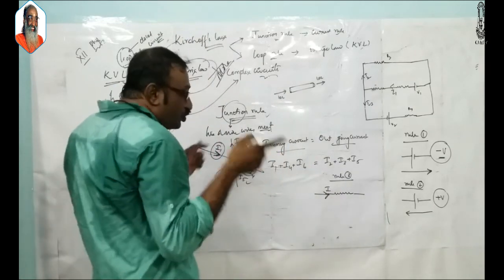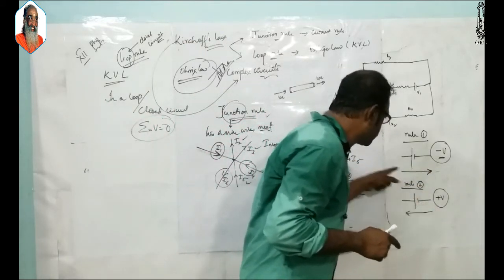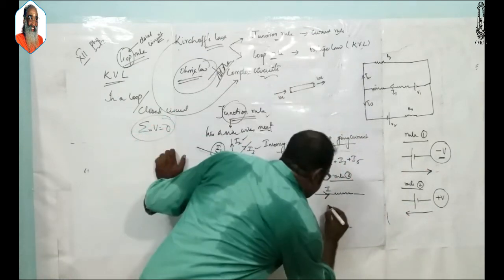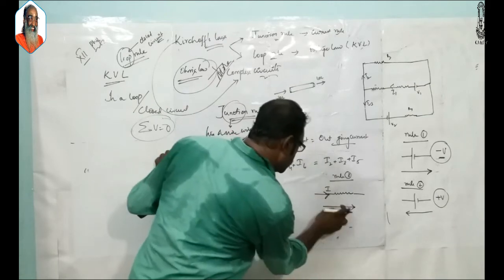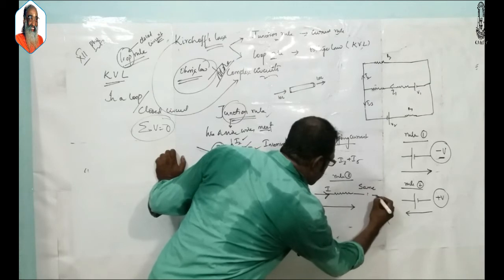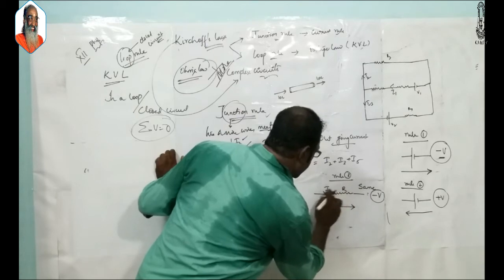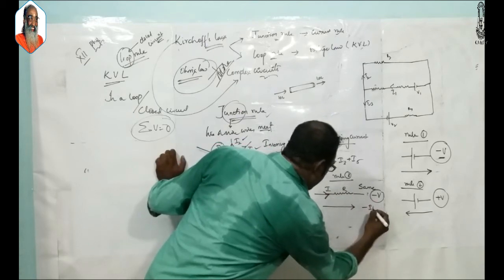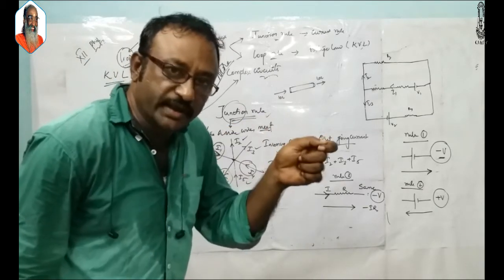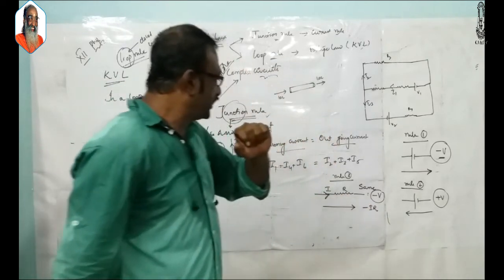If you consider the direction like this, the directions are same, so it is taken as minus V. That means IR, so it is minus IR. Whatever direction is shown, if it is the same, then you should take it as minus IR. Here you might be confused about what the considered direction is, and what the direction given actually is.